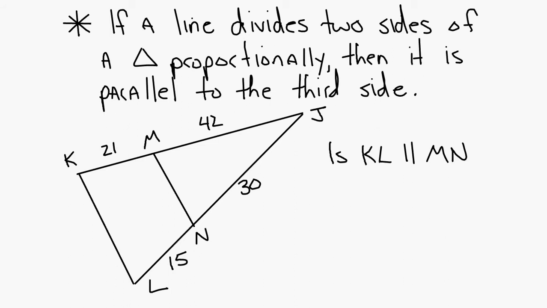Look at the proportion 42 over 21. Is 42 over 21 equal to 30 over 15? Yeah, a lot of you can just see that 21 is half of 42. 15 is half of 30. So MN divides these two sides proportionally, so it's parallel, right?